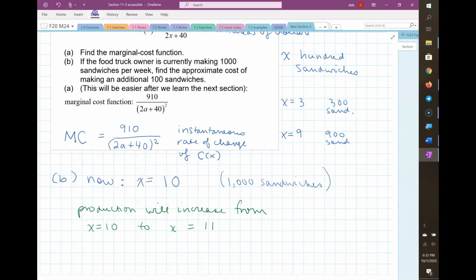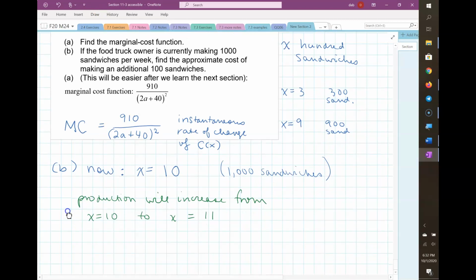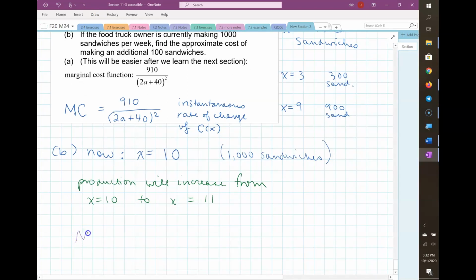Okay, so the way we're going to find this quantity is we're going to say, what is the marginal cost when A is 10? So A and X are basically interchangeable here. So I have 910 over 2 times 10 plus 40 squared.